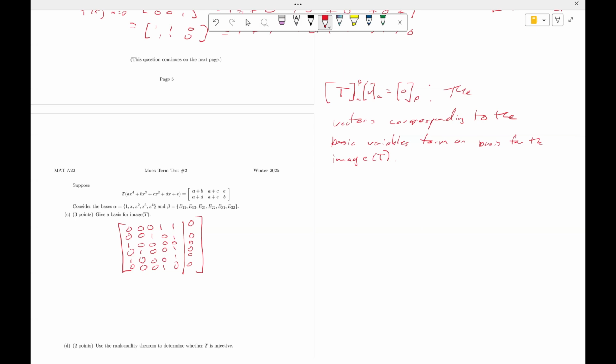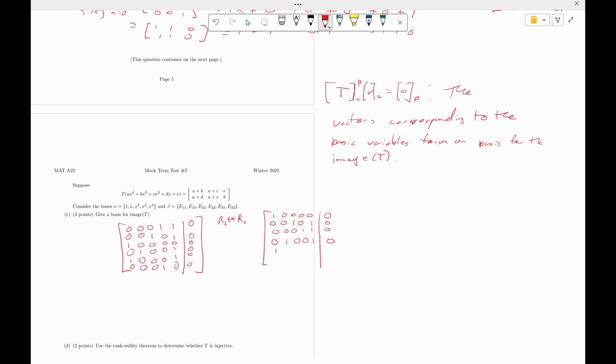So first thing I'm going to do is take row 3 and swap it with row 1 to give me 1, zeros everywhere with a 0. And the second row is the same, 0, 0, 1, 0, 1. Third row is 0, 0, 0, 1, 1. Fourth row is 0, 1, 0, 0, 1.